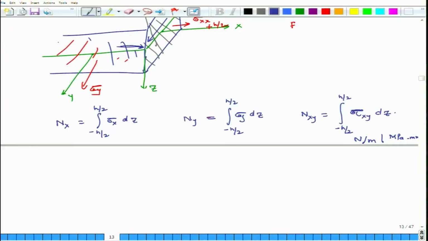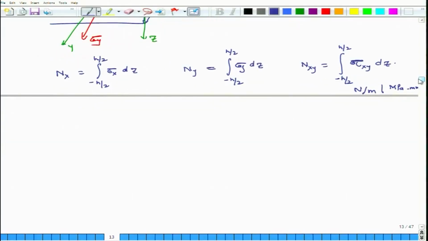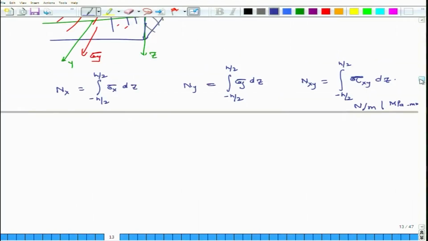If we want to use thickness only in millimeters, then it becomes MPa millimeters, otherwise to be internally consistent, newtons per meter is mathematically more consistent. So, these are not forces, these are force resultants. Similarly, we have moment resultants.